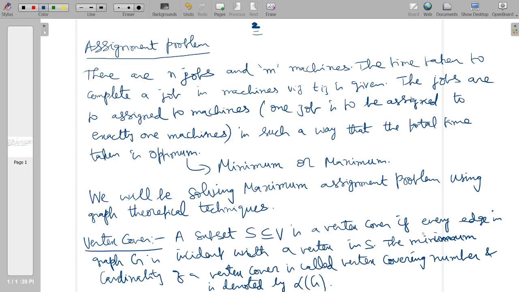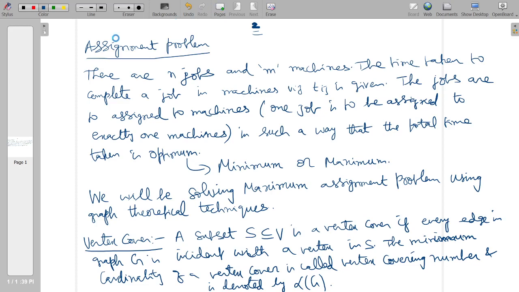So a minimum vertex cover and maximum independent sets are complement to each other. Okay, these basic things you have to know.